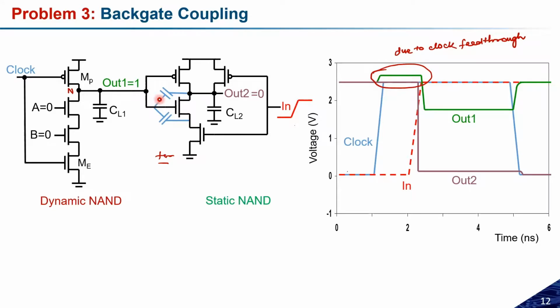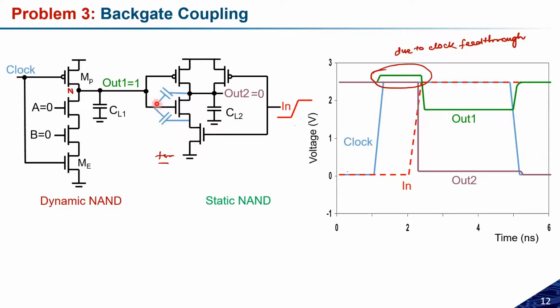Now once we have changed the input from low to high, this output will change from high to low. That is perfectly fine. And if I have provided something like this, even though this output 2 is low, it cannot discharge this capacitance completely.